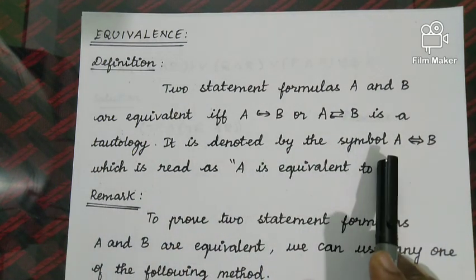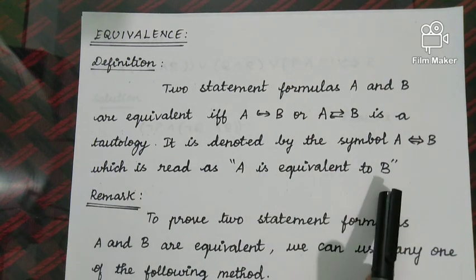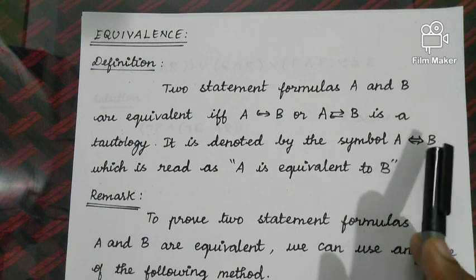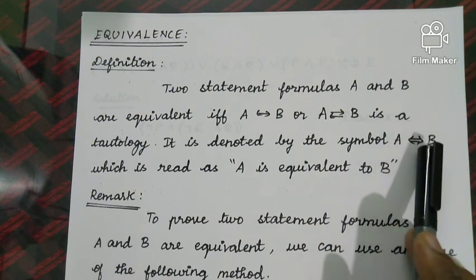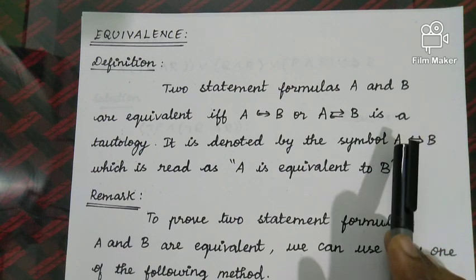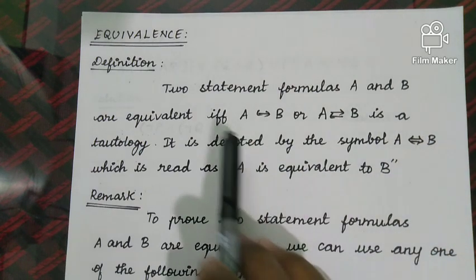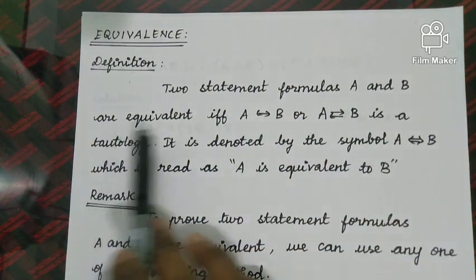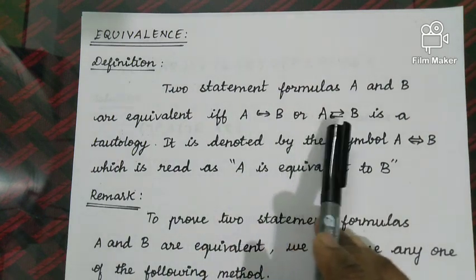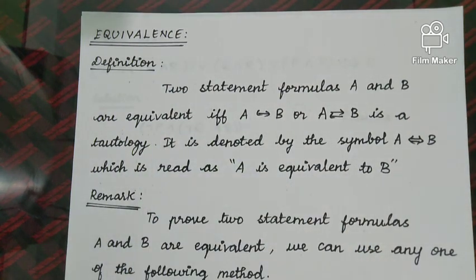It is denoted by the symbol A equivalent B, which is read as A is equivalent to B. So hereafter, if you see the symbol A equivalent to B or P equivalent to Q, we read it as equivalent to. A and B are equivalent if and only if A biconditional B is a tautology. That is the definition for equivalence.